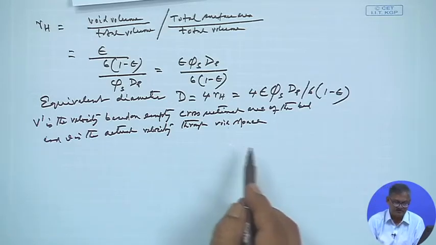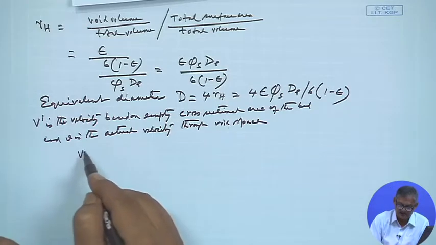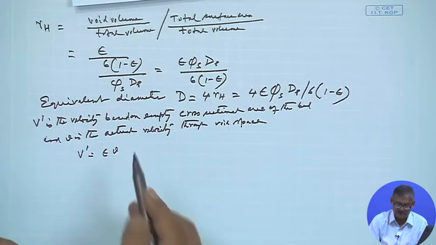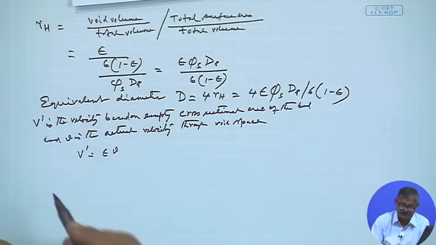So, if that is true, then we can write V prime is equal to epsilon into V, right.